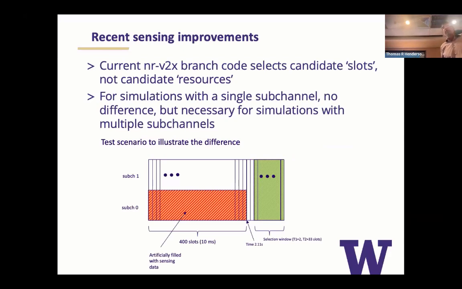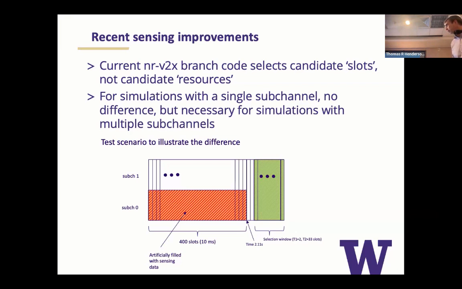So the sensing algorithm was implemented in NS3. It's in the current V2X branch code. But the enhancement that was recently made is that the currently publicly available sensing algorithm only works assuming that there's only one subchannel.